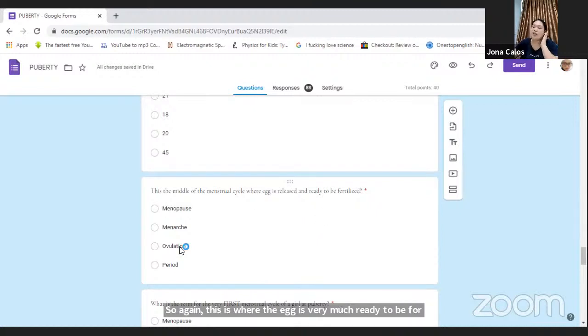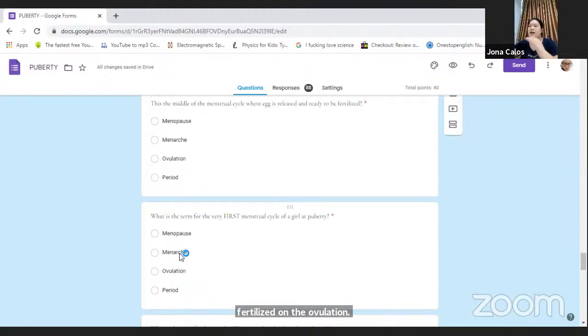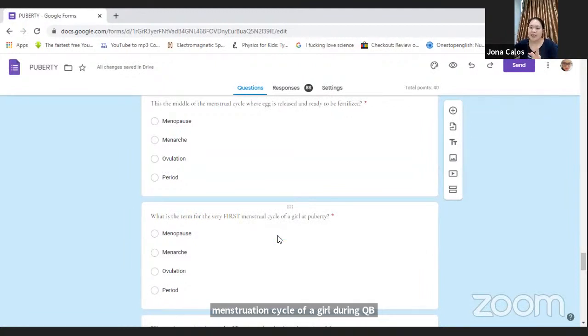Okay. This is the term for the very first menstruation cycle of a girl during puberty. Okay, the very first period, wherein maybe the girls don't even know they're menstruating, and that is menarche. The spelling again is menarche.